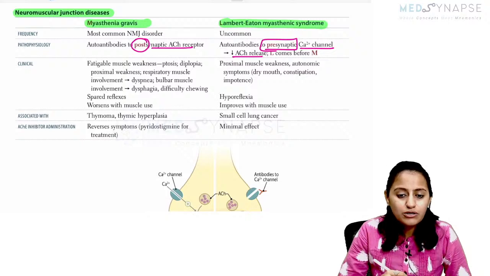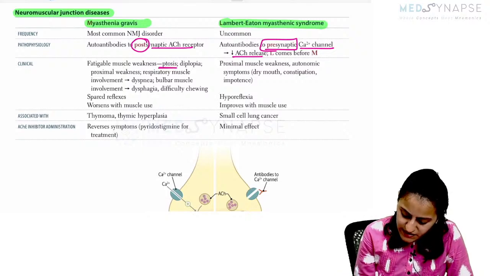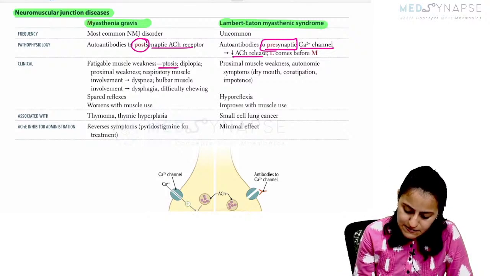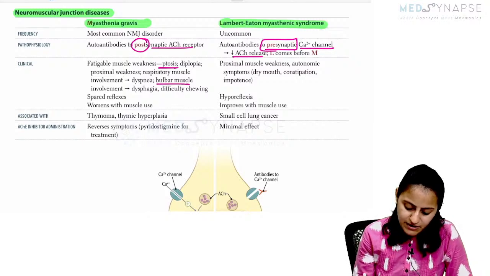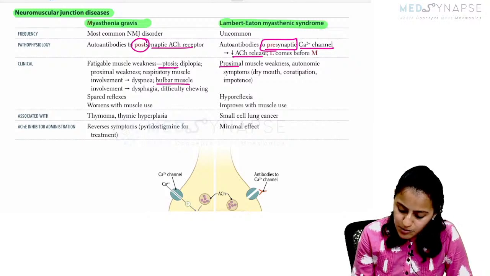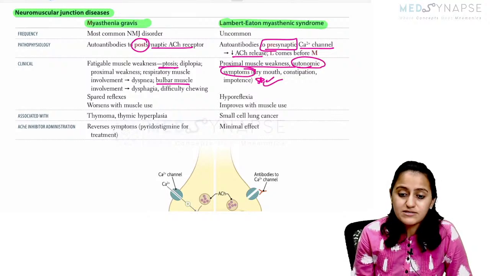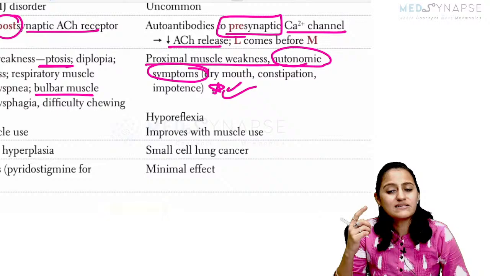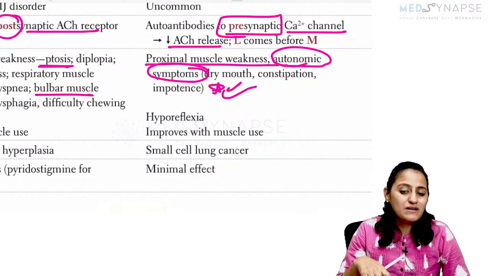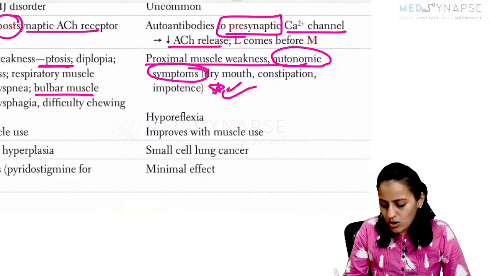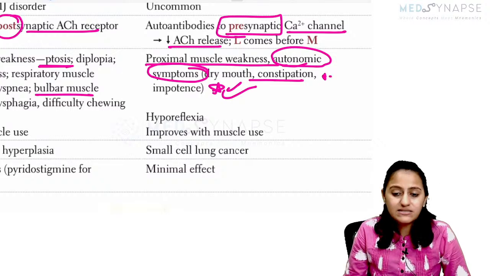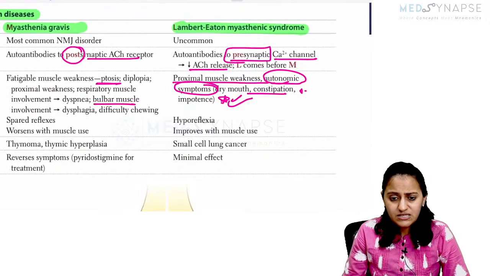Clinically, ptosis is given very commonly in myasthenia. There is bulbar muscle involvement, difficulty chewing. Here it is proximal muscle weakness and there can be autonomic symptoms also, like dry mouth, constipation, impotence. All these can be seen with Lambert-Eaton syndrome.